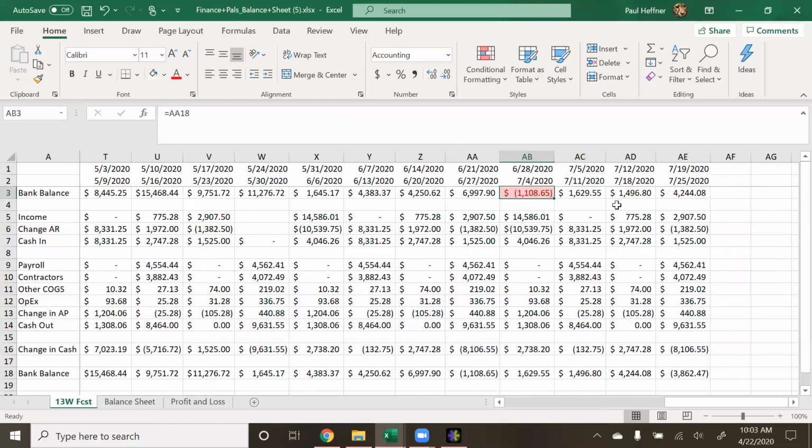So we can see here, our forecast is that we're going to run out of cash at the end of June, early July, because here we're sending out these different payrolls and contractors. Our cash is dropping, and then, sorry, it's actually the week before. So this is the starting month. We're going to run out the week before where we send out all of our payroll and contractors.